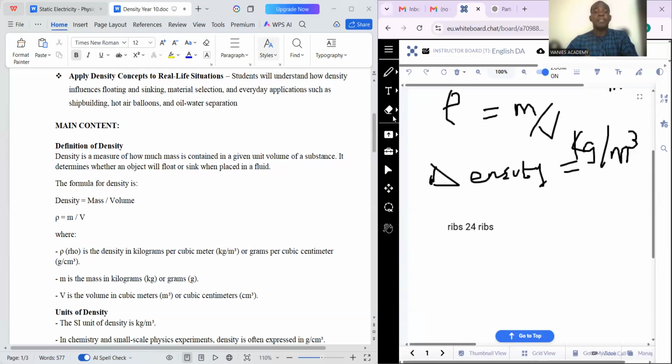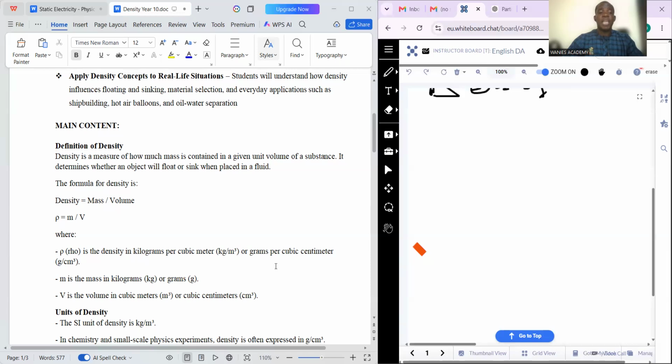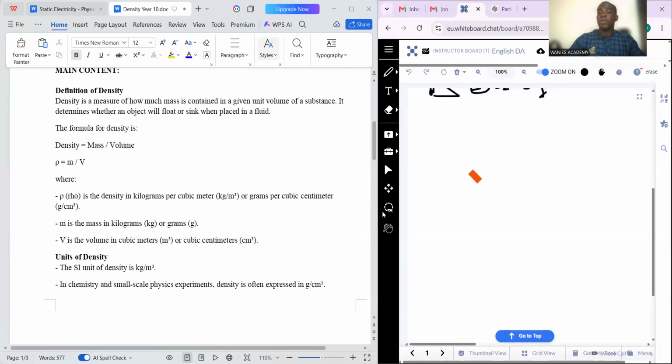It's as simple as that. That's the universally accepted unit for density.